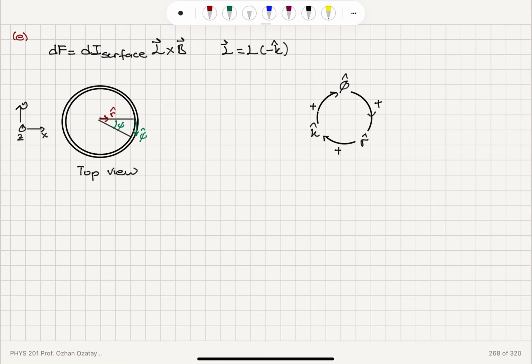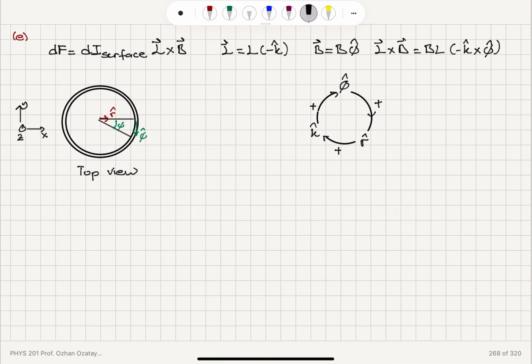Because the current is going down, its L vector is in minus k hat direction. I know the direction of the magnetic field. Magnetic field has magnitude B in phi hat direction. Therefore, what is L cross B? It is BL, minus k hat cross phi hat.